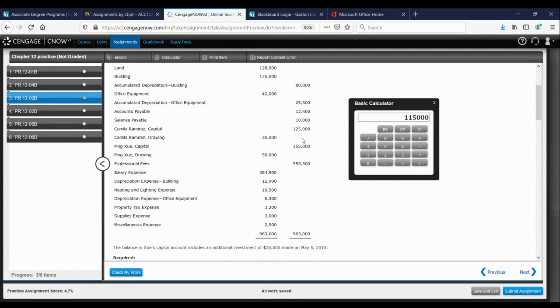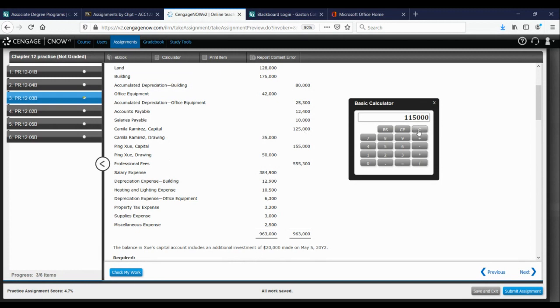For Camellia Ramirez capital, there was no mention of any additional investment, so we're just assuming that the beginning capital balance for Ramirez is 125,000.